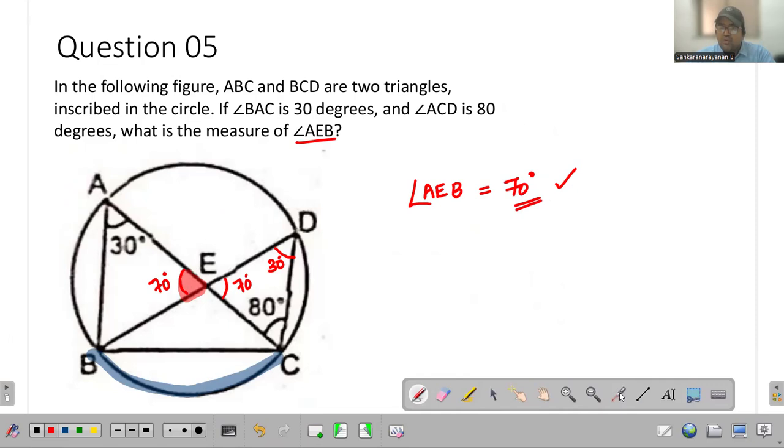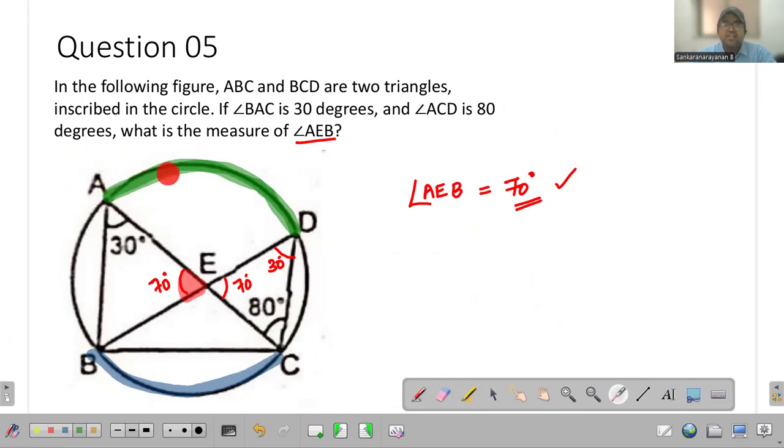I would also mention another point here. Within the same segment, you can say, let us consider the curve A to D. Please observe A to D. This is just an add-on I am telling you. You can observe here, angle ACD is 80 degrees.